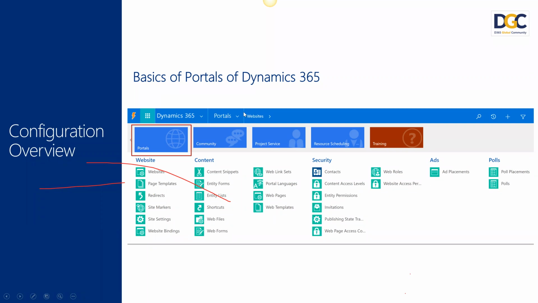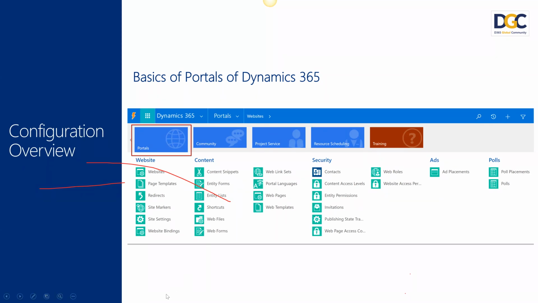I'm going to explain website, web pages, web templates, page templates, web forms, entity list, and web files, because I think they are pretty complex and important at this point. So the first thing is website, and websites are basically a primary area where you can see the installed site details and the domain information.